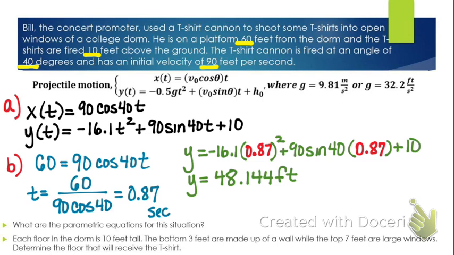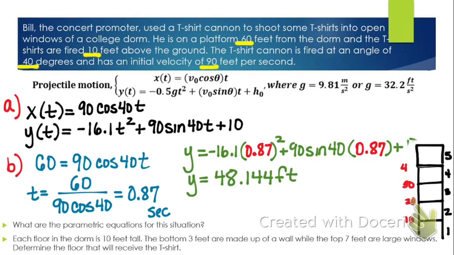It's saying that in this particular college dorm, each floor is 10 feet. So this is the first floor, second floor, and this would represent 10, 20, 30, 40, 50.